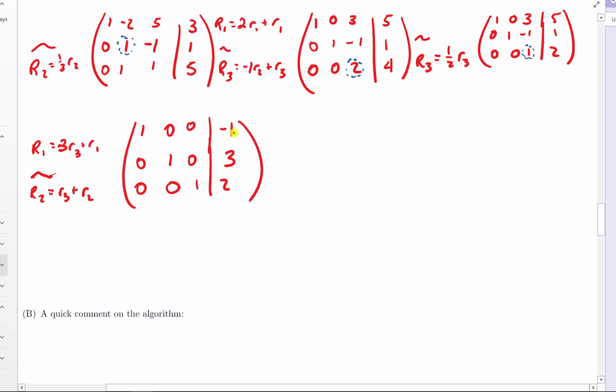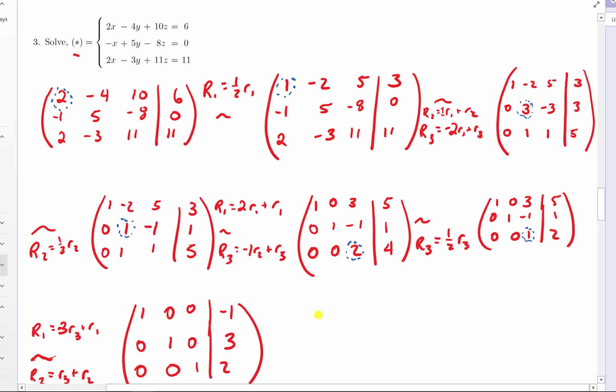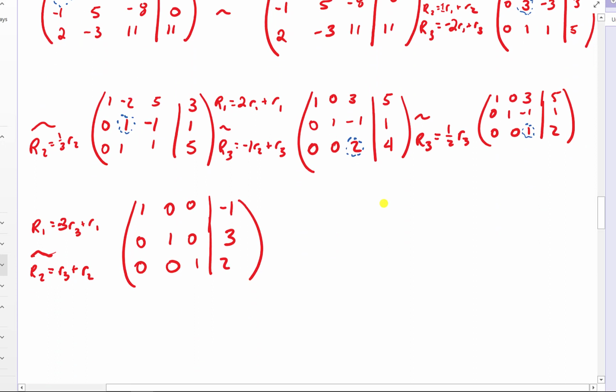Okay. Notice in this case that every single column ended up being a pivot column. That won't always be the case, and that's what we're going to explore in the next few examples. But at this point, it seems like a lot of work, but this is a sequence of equivalent matrices, each of which corresponds to an equivalent system to this original system. And so now we can simply read our solution here.